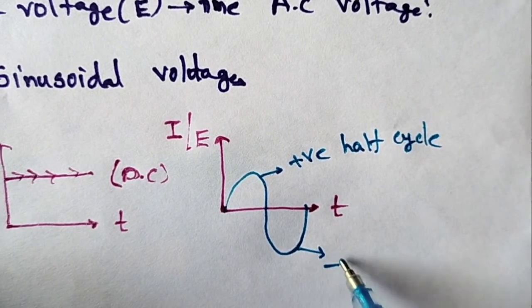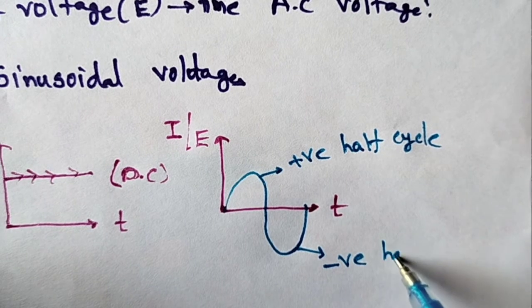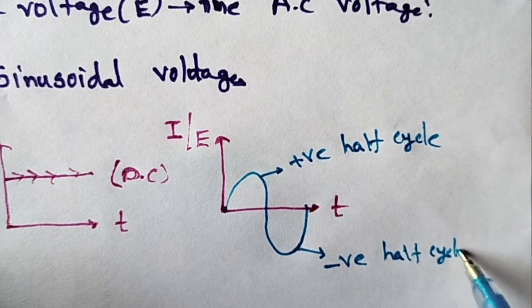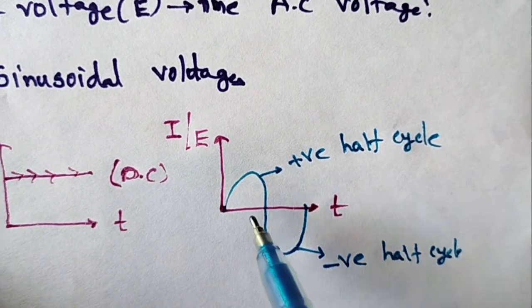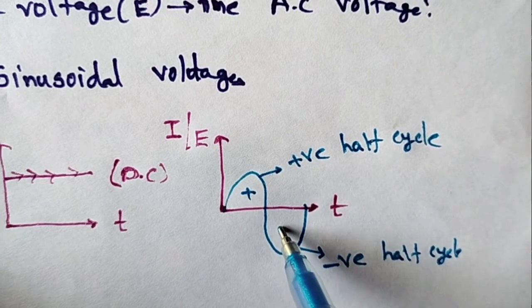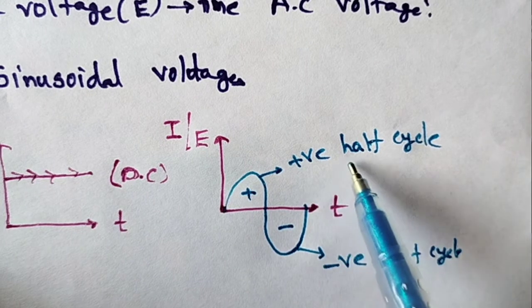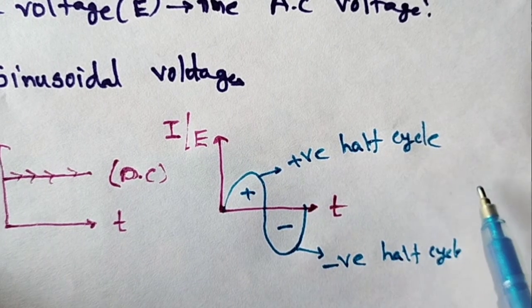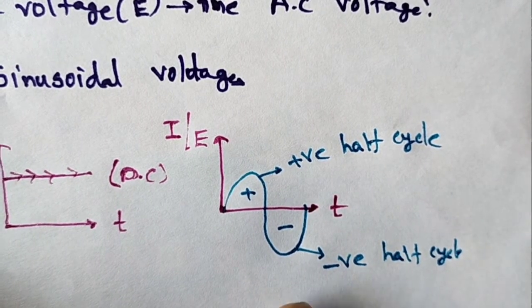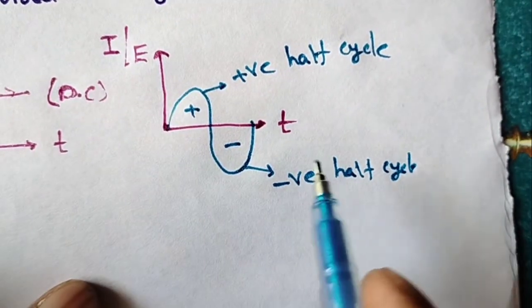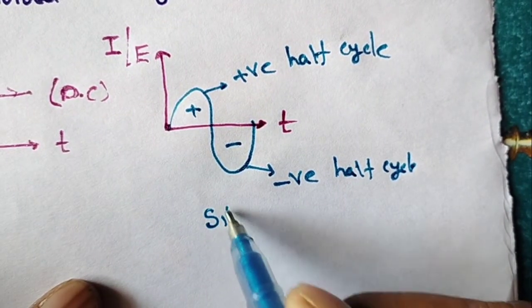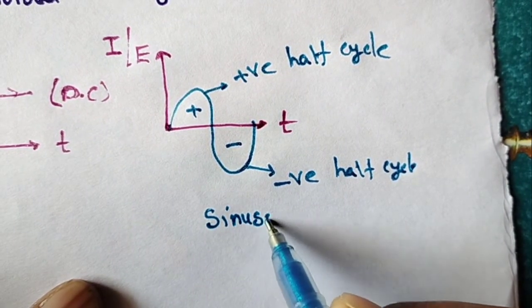This is called the negative half cycle. So it always changes: positive, negative, positive, negative. So this is called the AC cycle. This diagram is called the sinusoidal form of AC current.